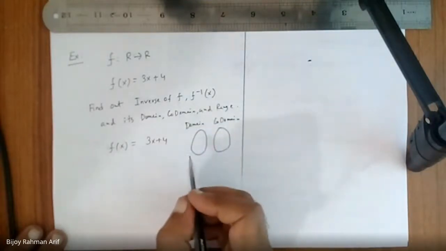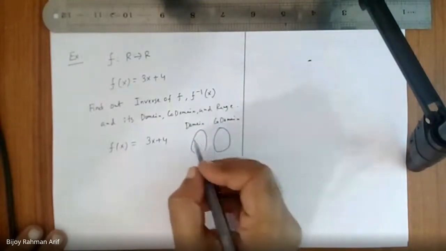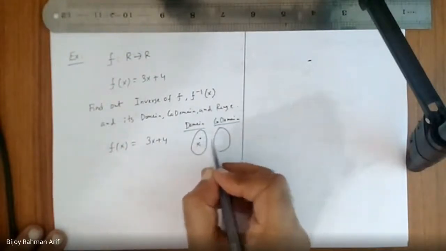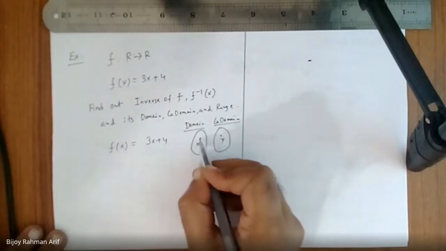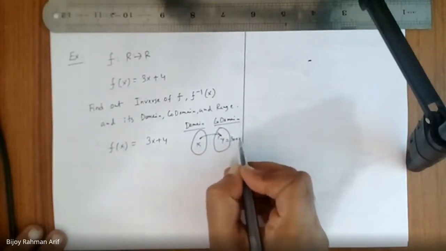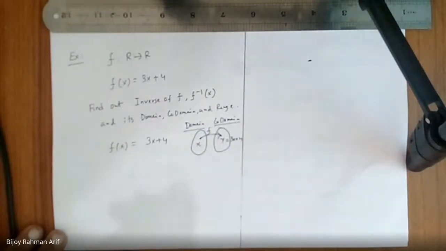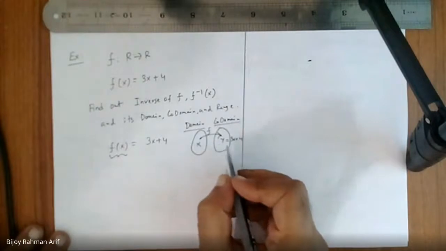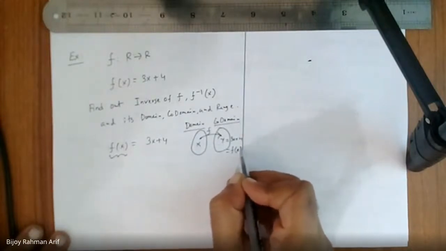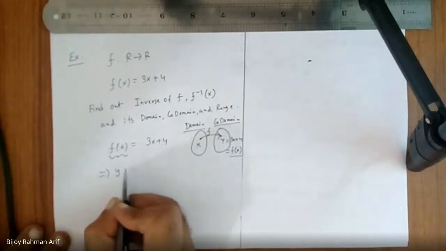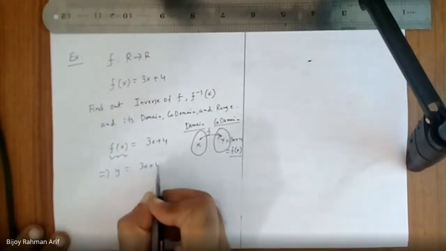So we can say if one point in the domain is x, it is mapping to a point y, which is nothing but 3x plus 4. So this is f. So let's consider f(x). So this point is also given by the function f(x). So let's consider this point is y. So y equal to thrice x plus 4.